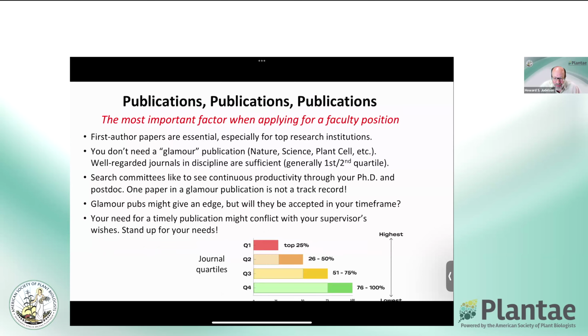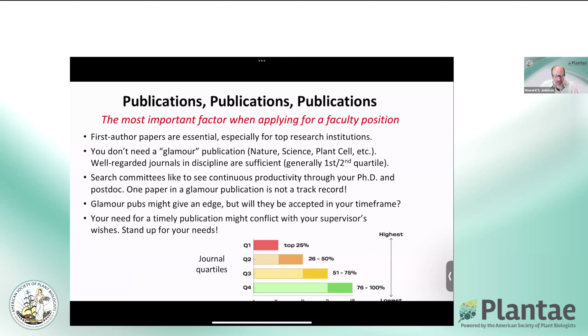Okay, so publications. Publications, publications, publications. This is the most important factor when applying for a faculty position. And as I said earlier, ideally, you'll have publications from your PhD and from your postdoc. And the idea here is it's showing that you have a record of continuous productivity. Depending on where you're applying, you really want to have a lot of first author papers.